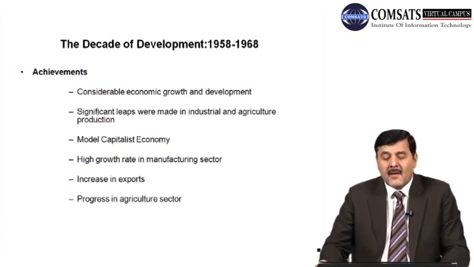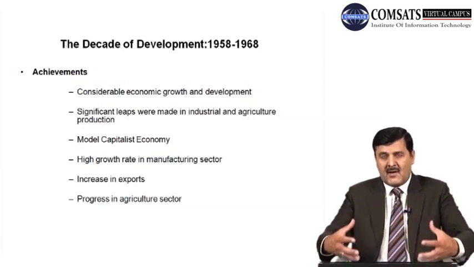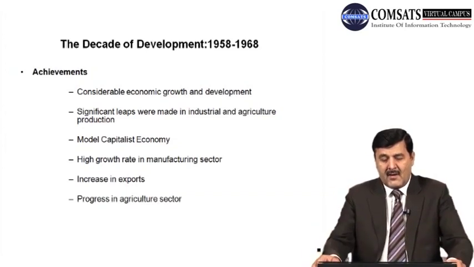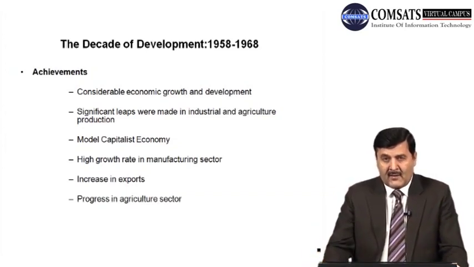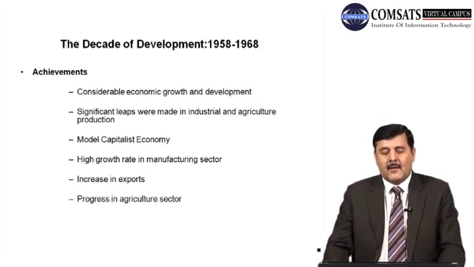Significant leaps were made in industrial and agricultural production. So there was a significant rise in industrial production as well as in agricultural production. तो agricultural production बढ़ी इन 10 सालों में. The focus was on a model capitalist economy. Now what is a model capitalist economy?